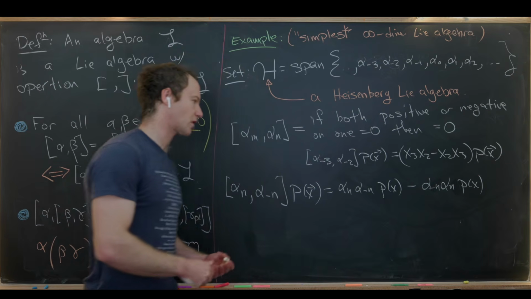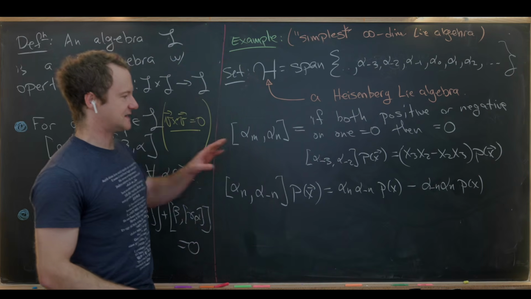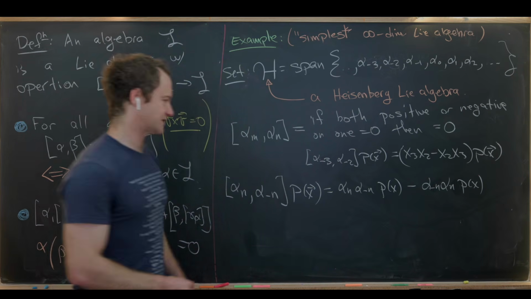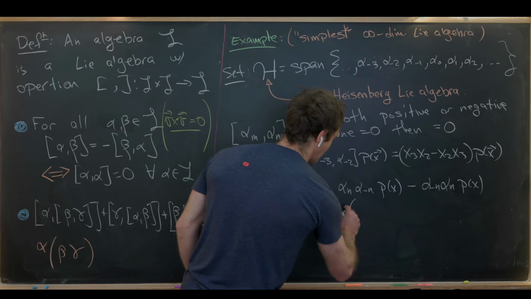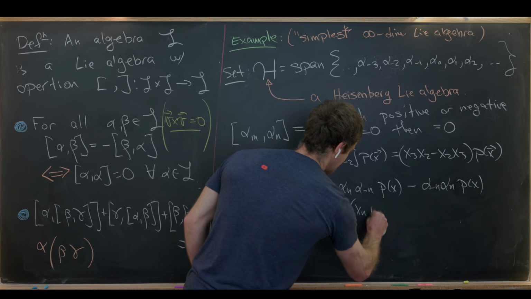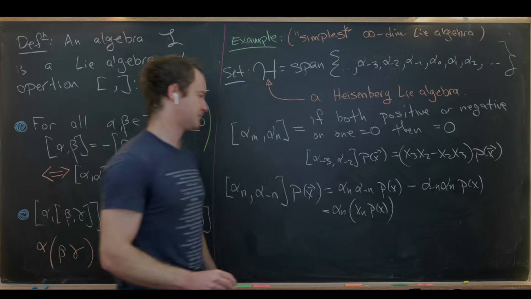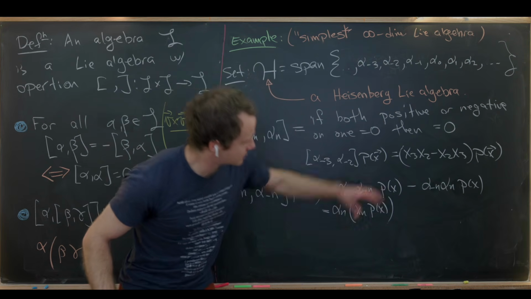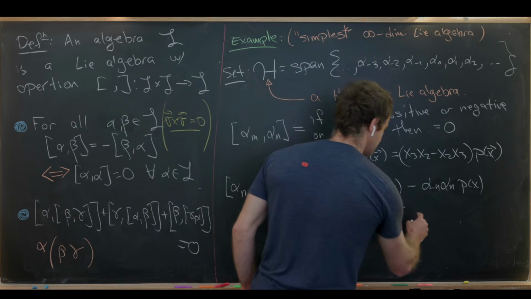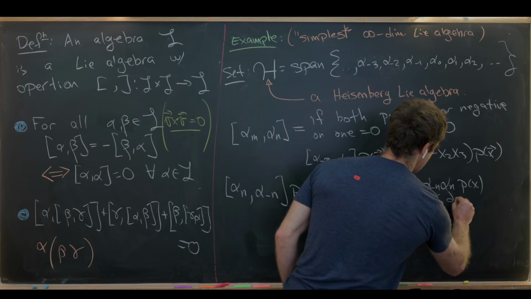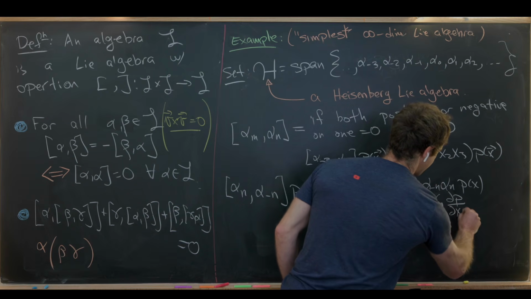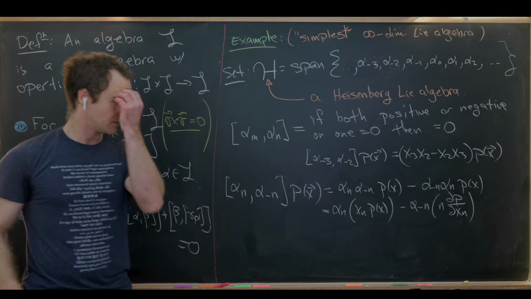Let's just work from inside to outside, which is what we should do because these are linear transformations. So this is going to be alpha n operated on xn times the polynomial. And then this is going to be alpha minus n times n, and then the derivative of the polynomial with respect to xn, right?